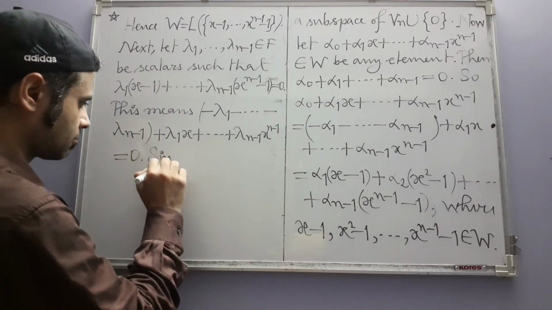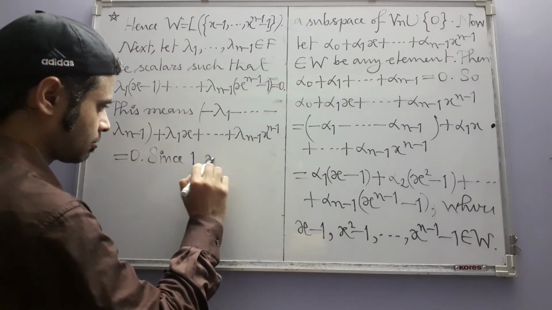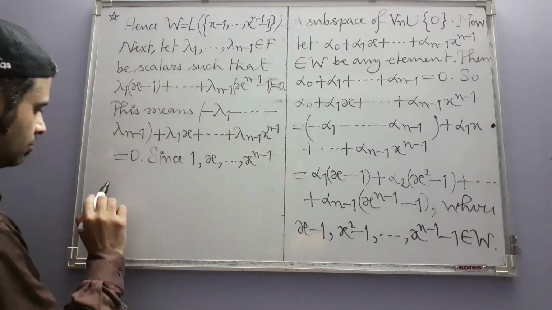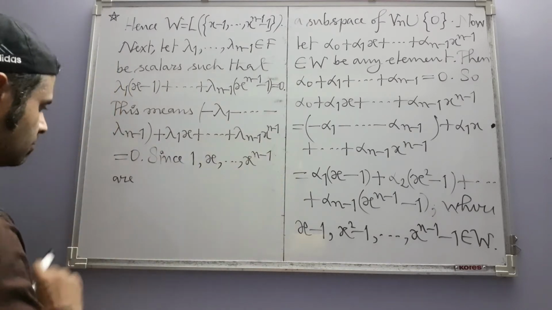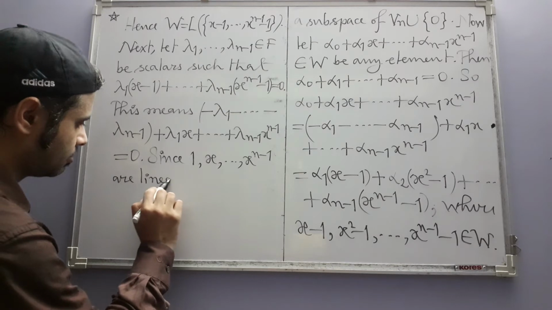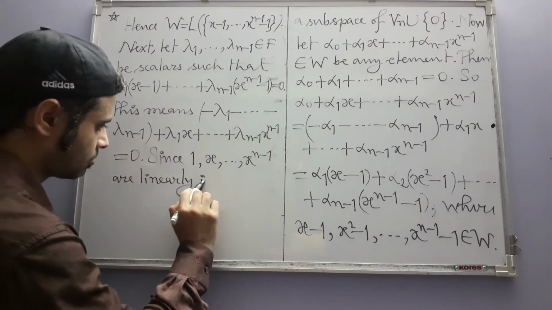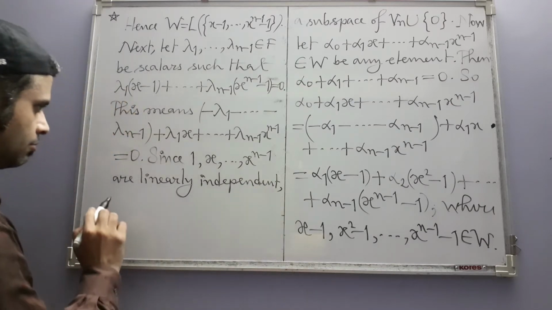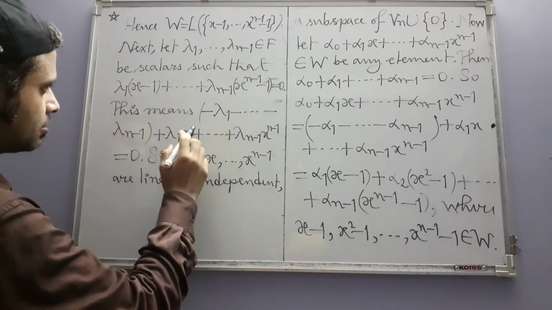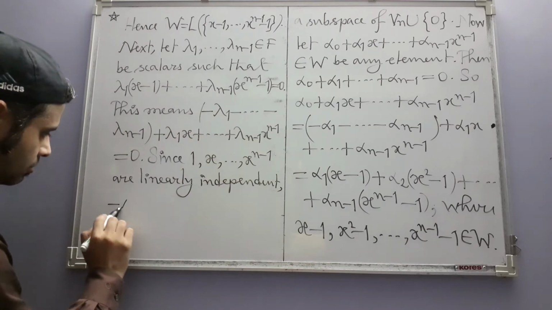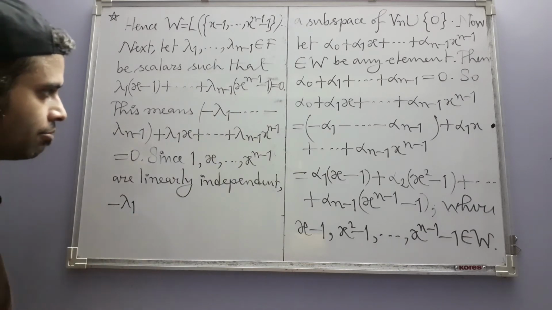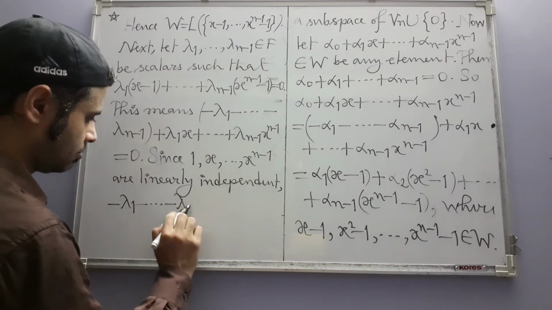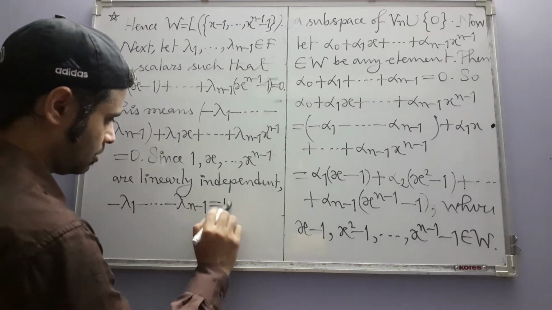Since these are linearly independent, all these coefficients, the coefficient of 1 here is this, they are going to be 0.